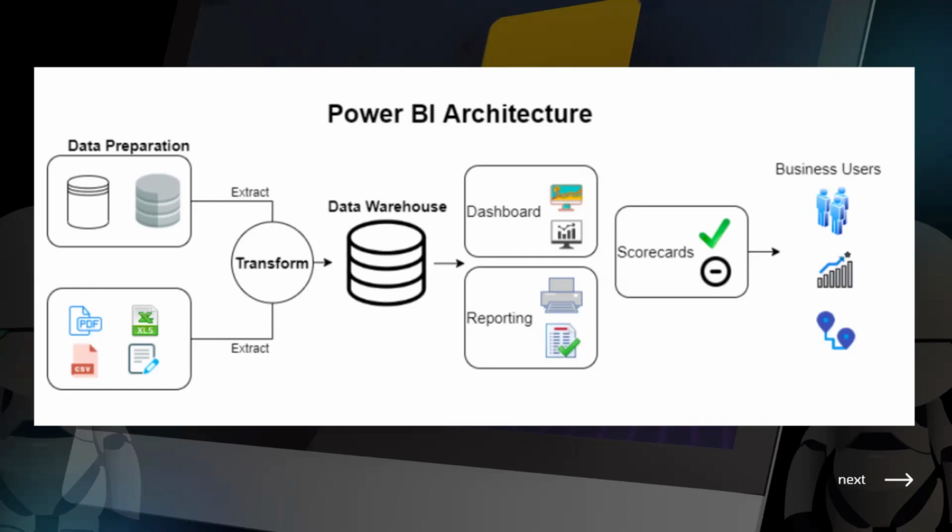Because if we tell the wrong story, the business is going to make wrong decisions. So this Power BI can serve as where you can actually transform your data with tools like Power Query, which we are going to touch on in this video. Then we have dashboards and reporting. Then we have KPIs, which is what a scorecard means. Then the business users are going to be using the entire report. So that's basically Power BI.